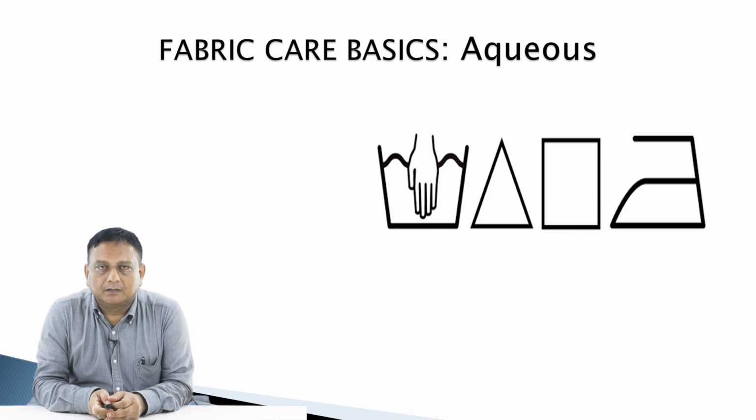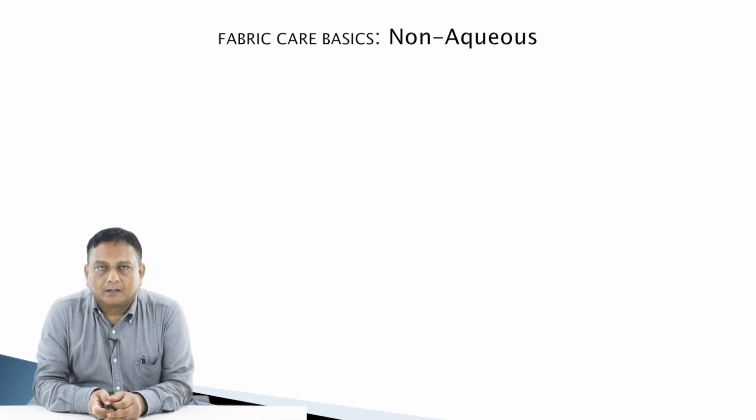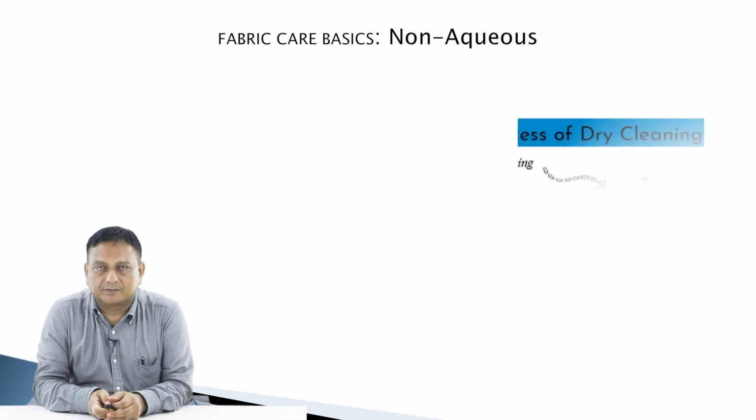Now, in the aqueous media, there are various aspects that we will talk about. First, when talking about fabric care in aqueous media, what are the essential elements involved? Number 1 is washing, second is bleaching, third is drying, and fourth is ironing. There are other elements in wash care fundamentals, that is non-aqueous.